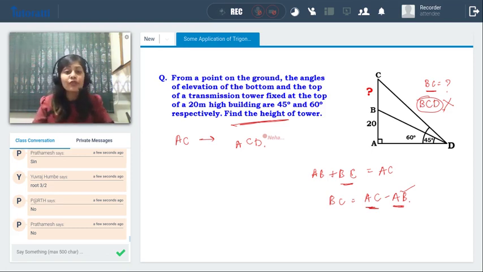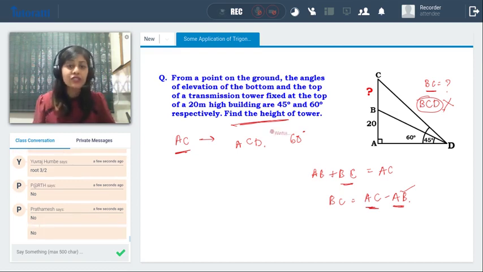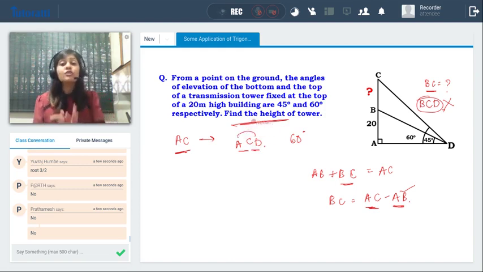Because students, if you have to calculate a side, you need one angle and one side. Angle you already have. Angle for the bigger triangle is 60 degrees. But do you have any side? No, right? If you look at ACD, you don't know side AC, you don't know side CD, you don't know side AD. So you don't know any of the sides.